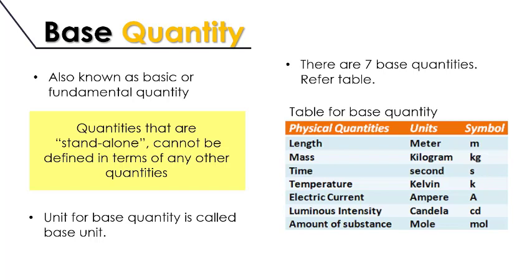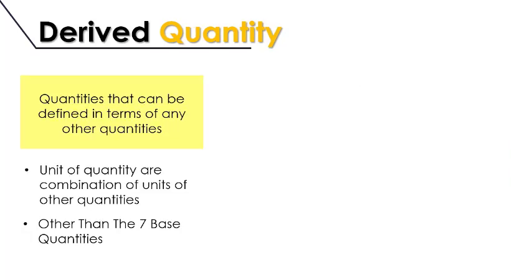There are 7 base quantities. These quantities are length, mass, time, temperature, electric current, luminous intensity, and amount of substance. The SI unit for the base quantities, together with their symbols, are shown in the table.